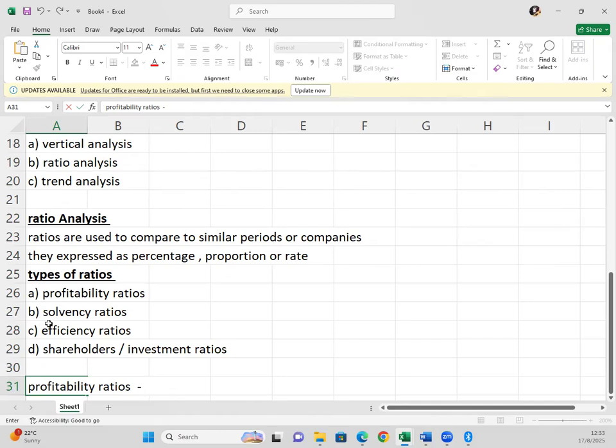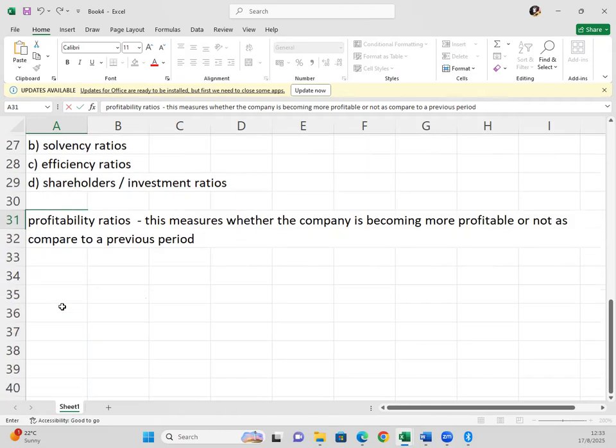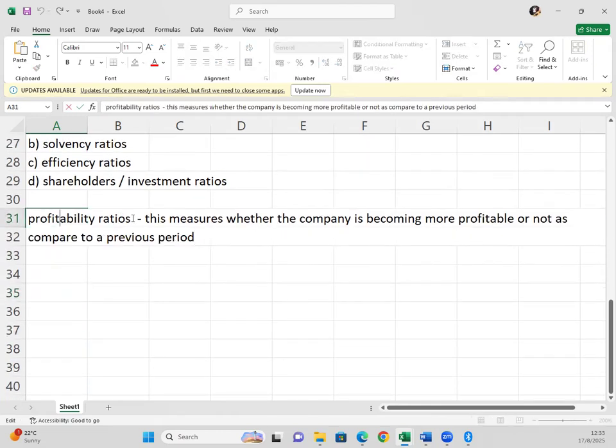This measures whether the company is becoming more profitable or not as compared to a previous period or similar company.